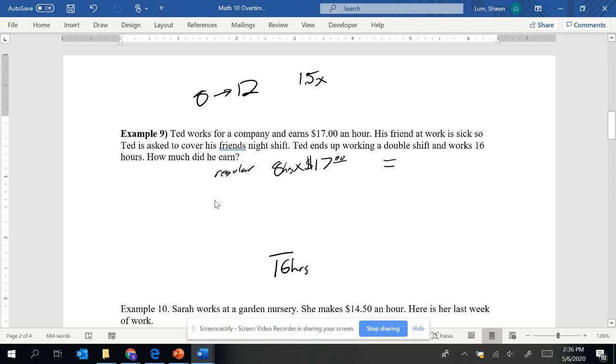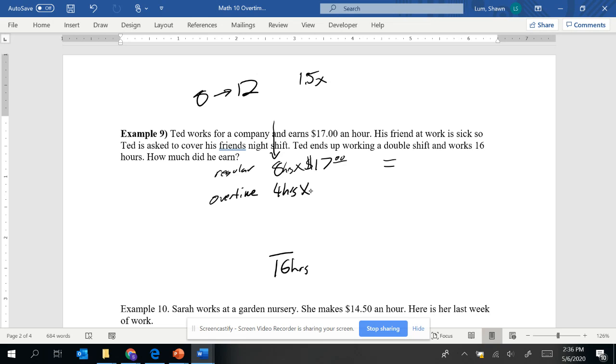So here's overtime. Now, between 8 and 12, that's going to be 4 hours right there. Now, if we added these two numbers up, this 8 and 4, that doesn't equal 16, that's 12 right now. So there's going to be another overtime thing, and I'm going to show you why I'm doing it this way.